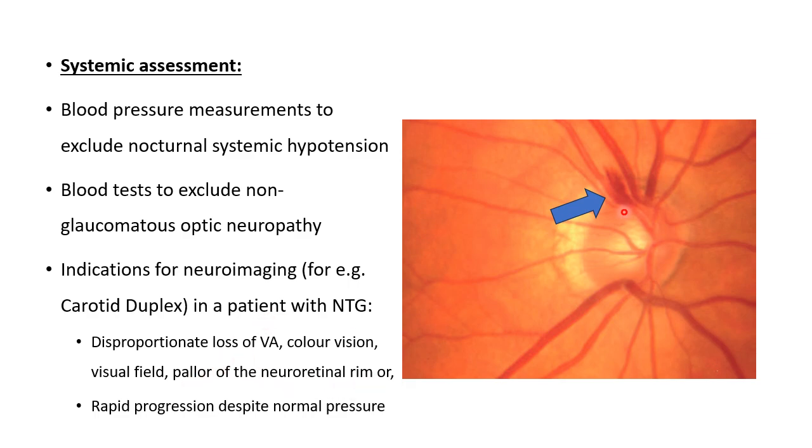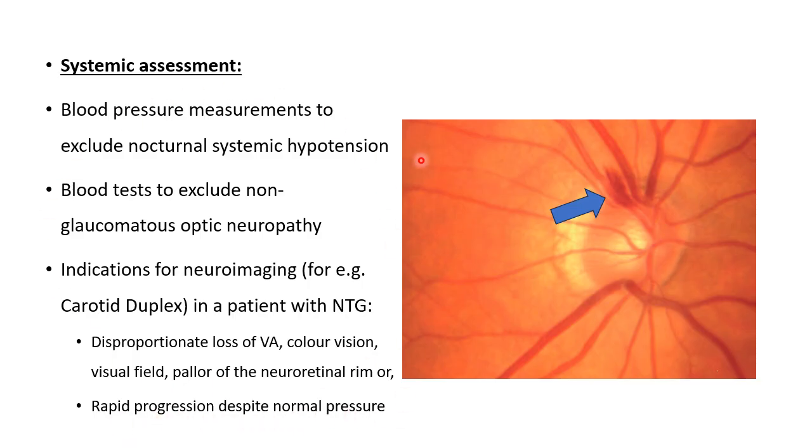Characteristically in glaucoma, whatever rim is there is healthy. It is only the enlargement of the cup that gives the appearance of a pale disc, but whatever rim is there, it is pink. If this rim is losing color, it is indicative of normal tension glaucoma or some secondary cause of optic neuropathy. And if there is rapid progression despite normal pressure.